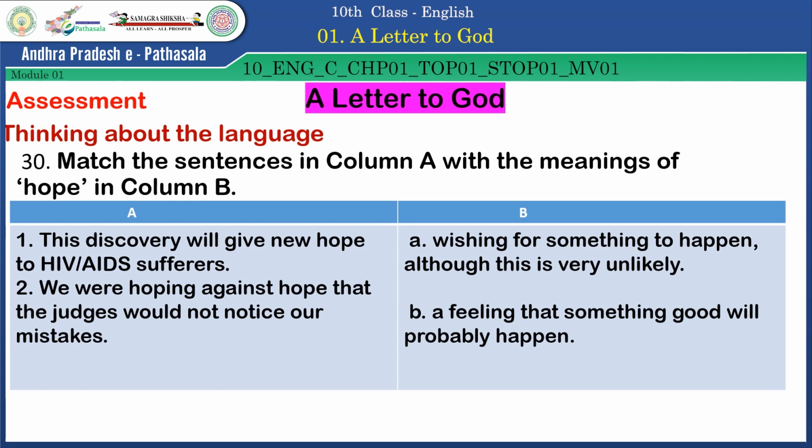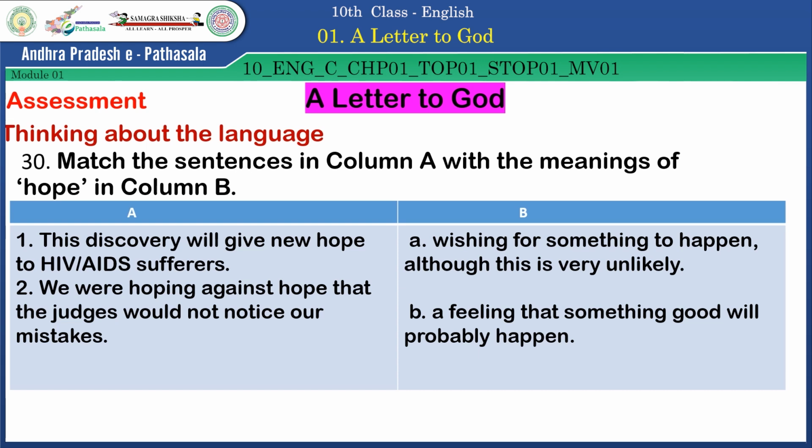One more assessment question given here is match the sentences in column A with the meanings of hope in column B. The sentences in column A are: first one, this discovery will give new hope to HIV or AIDS sufferers.